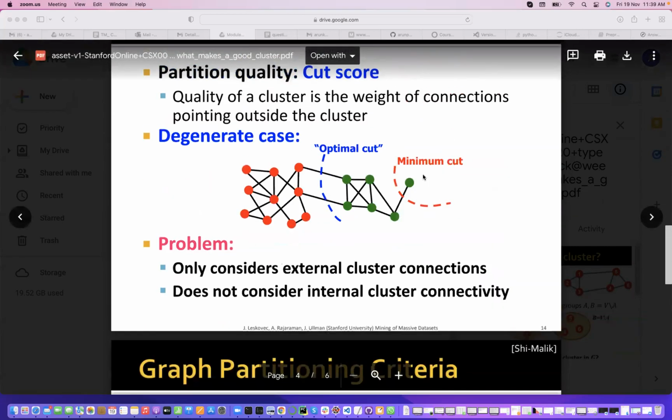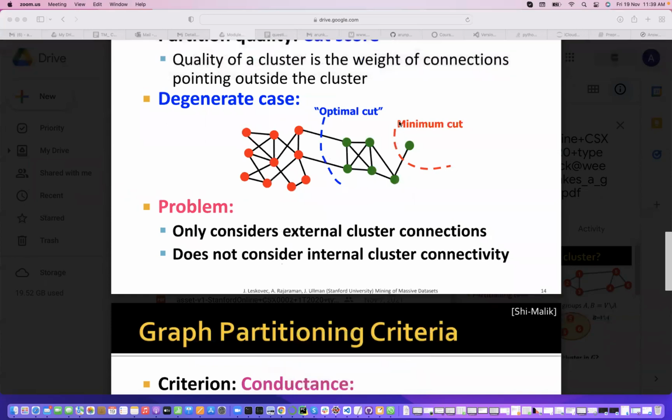So that is 2m minus volume of A. If you divide with a partition like this, and the left side is A, then volume of A becomes more, because it is almost consuming all the degrees, except just one.